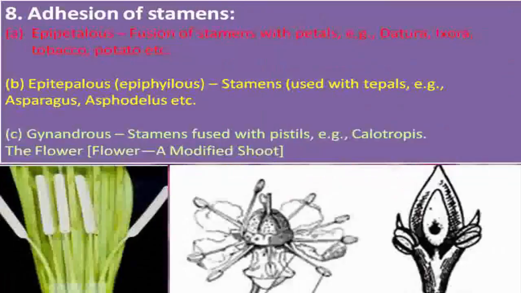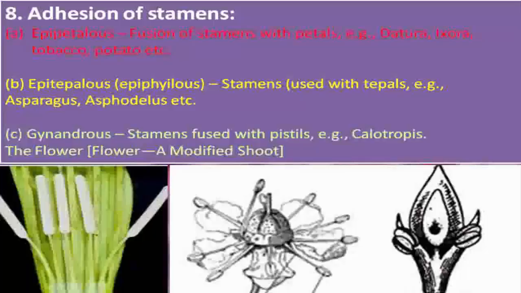Now we come to the adhesion of stamens. It is also categorized into three categories: epipetalous, epitepalous, that is also known as epiphyllous, and gynandrous. So what is epipetalous?